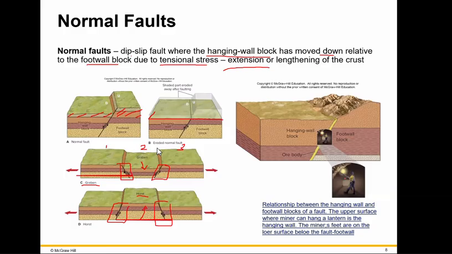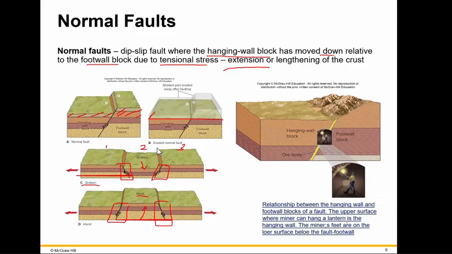So the same picture has been enlarged here, and you can see it's carrying a lantern. You can see the relationship between the hanging wall and the footwall of a block is shown here on this picture. The upper surface where miners can hang a lantern is the hanging wall.